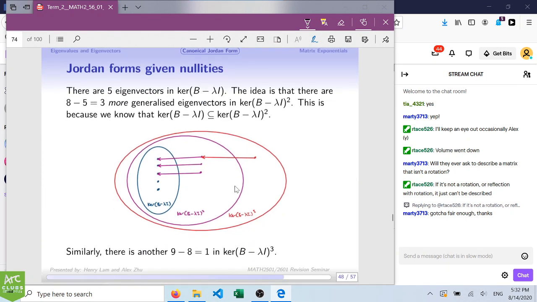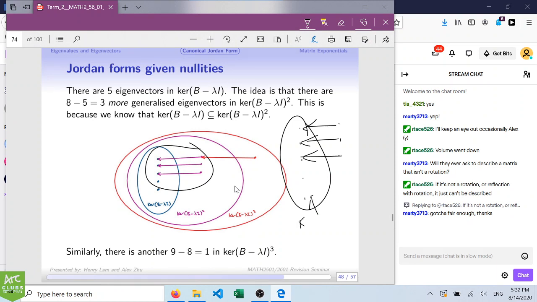And that's represented by these 3 vectors. So first you sketch out the 5, and then you sketch out 3. Because you compose once more, and that's going to end up in the new kernel of (B − λI) from (B − λI)².